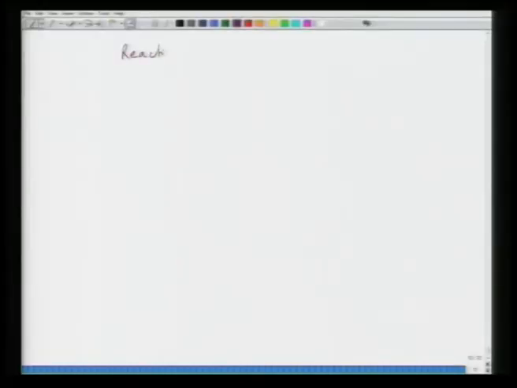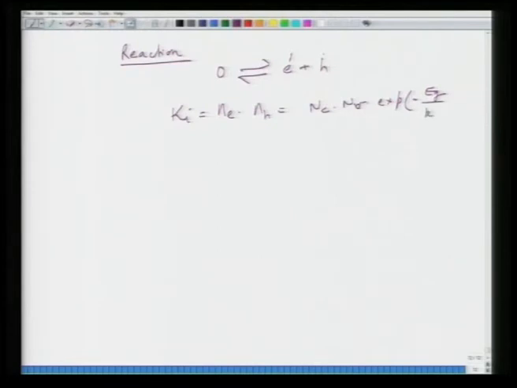The depiction in terms of a chemical reaction, as we saw, was null going to electrons plus holes. The reaction constant would be Ne multiplied by Nh, which is equal to Nc into Nv into exponential minus Eg by kT.